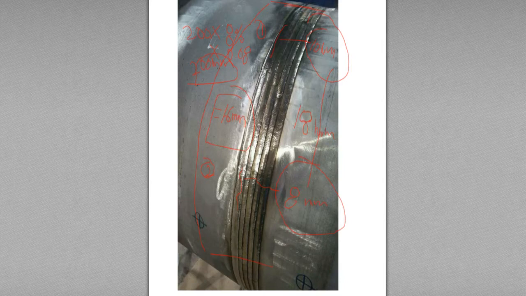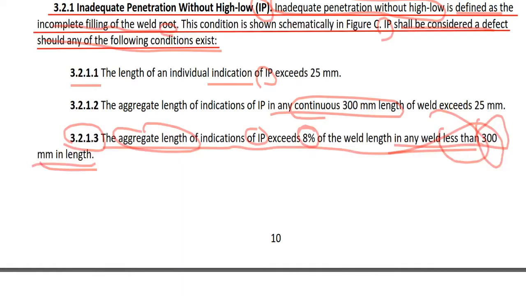So aggregate length of IP is more than 16 millimeter, which is 18 millimeter. So this is reject as well. This is how you calculate length of the IP and how you reject and accept the IP.